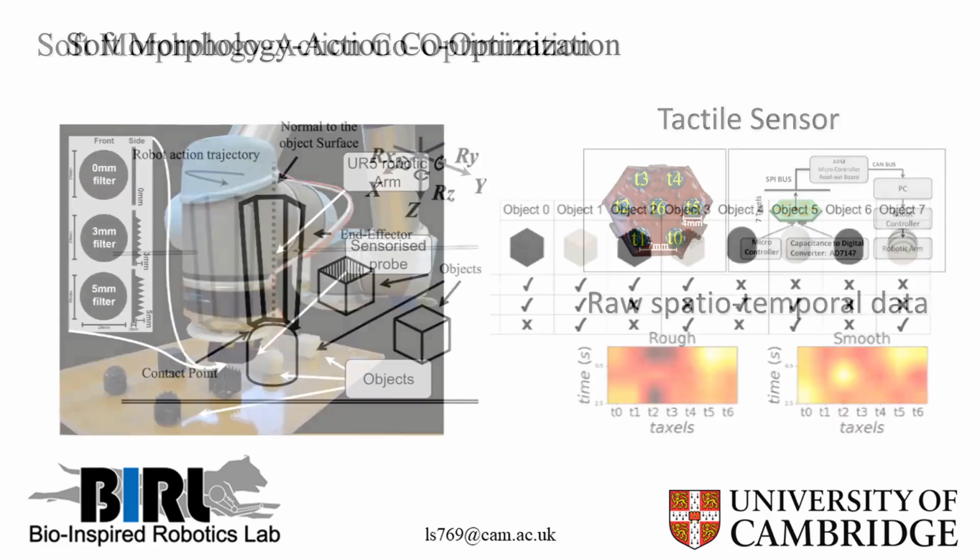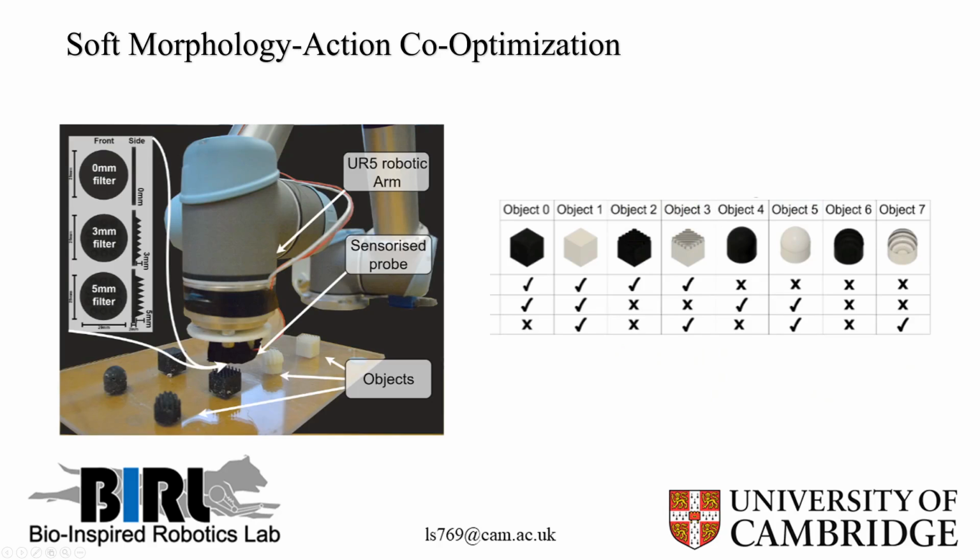But these tactile responses are also dependent on the kind of end effector that the robot is using. So we change the dielectric layer of this capacitive tactile sensor to have either no roughness whatsoever, or these protruding bits of silicone of 3 millimeters or 5 millimeters.